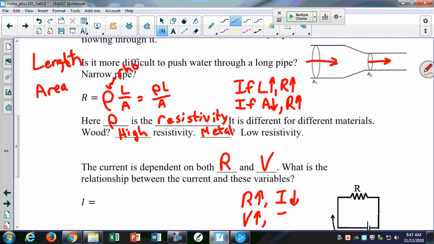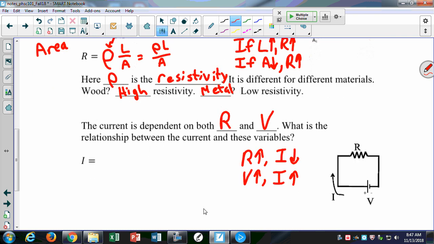It's going to go up too. So I will go up. So I is equal to, then, V divided by R. If V goes up, I goes up. If R goes up, I goes down. If I add more resistance, then I will go down.